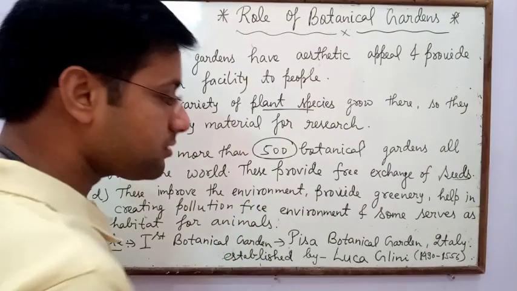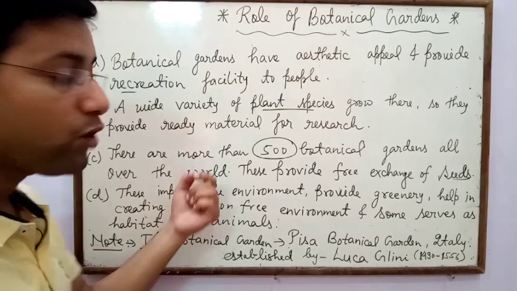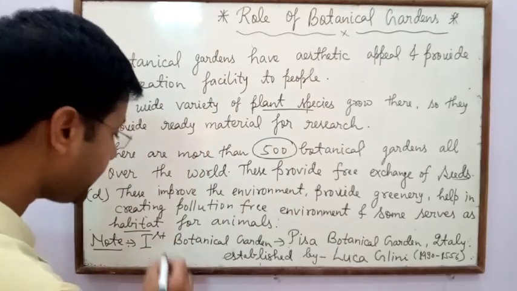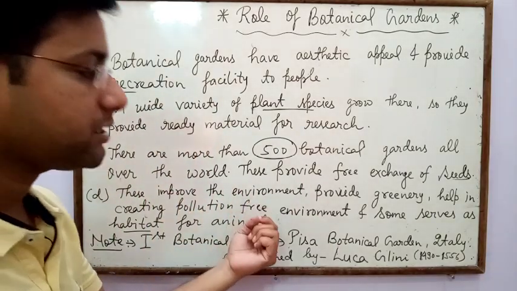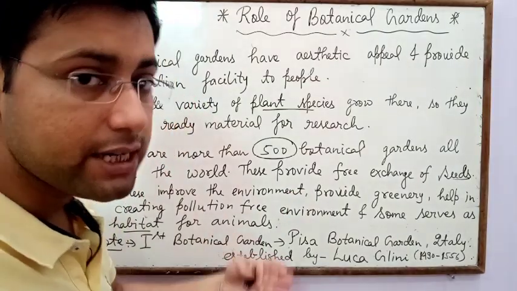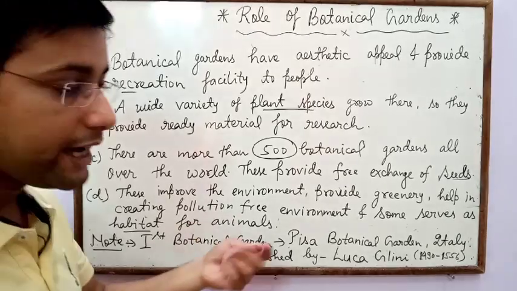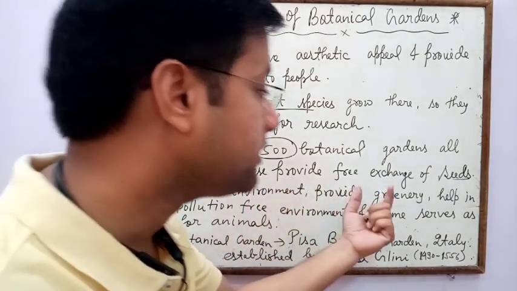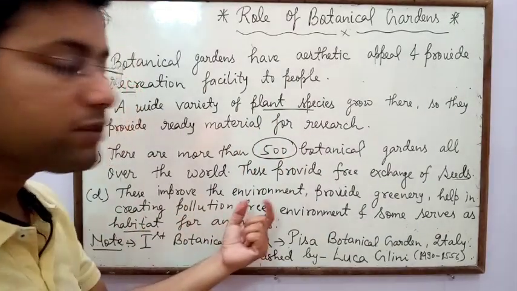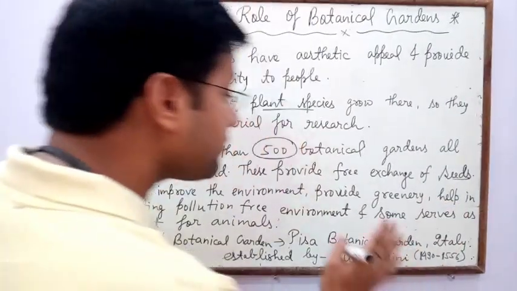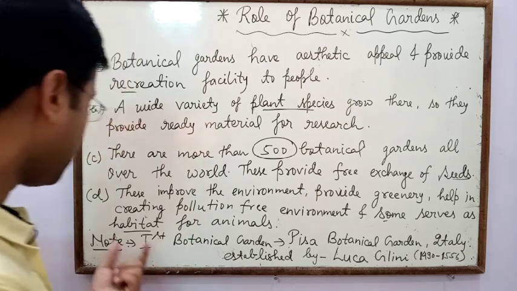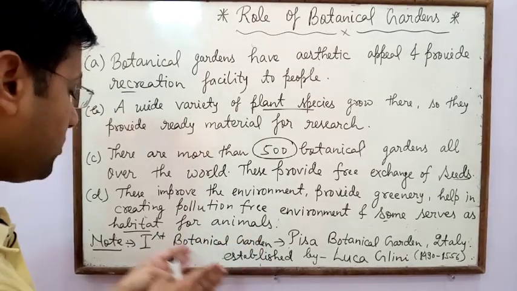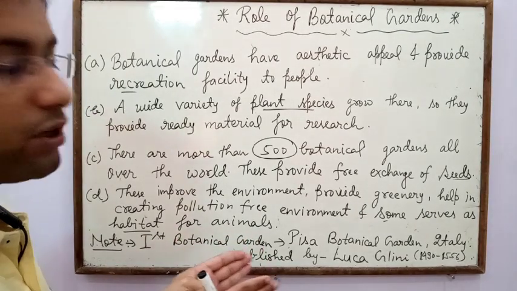These improve the environment, provide greenery, and help in creating a pollution-free environment, because plants provide oxygen for respiration for animals and human beings. Some also serve as habitat for animals.